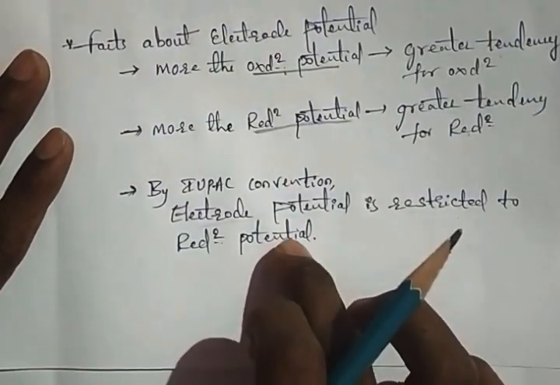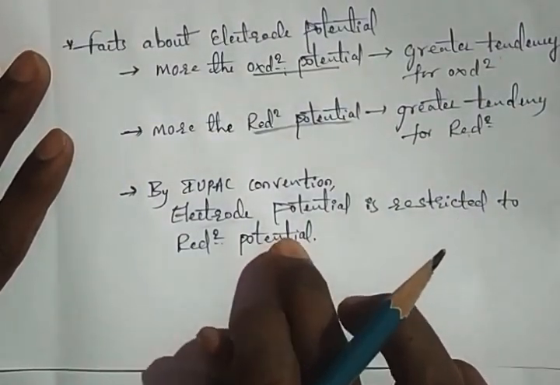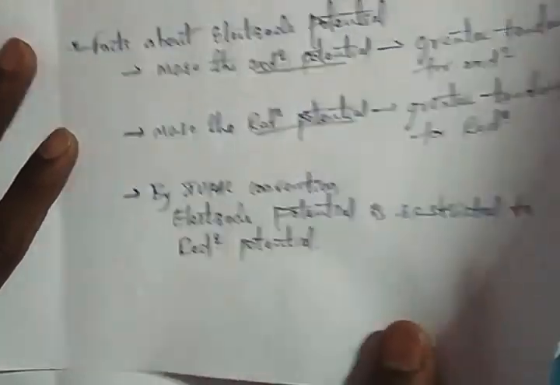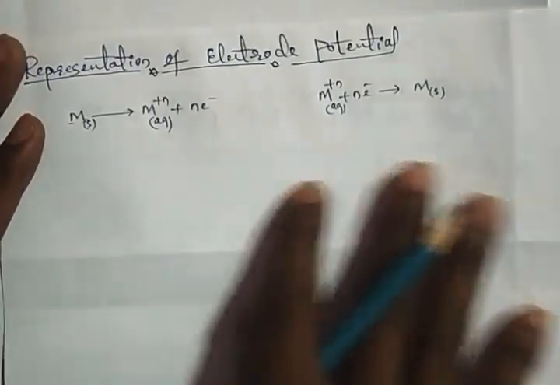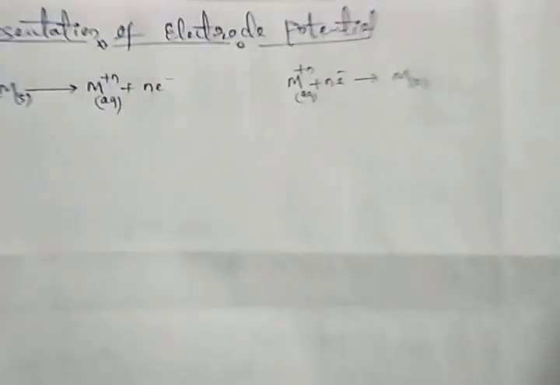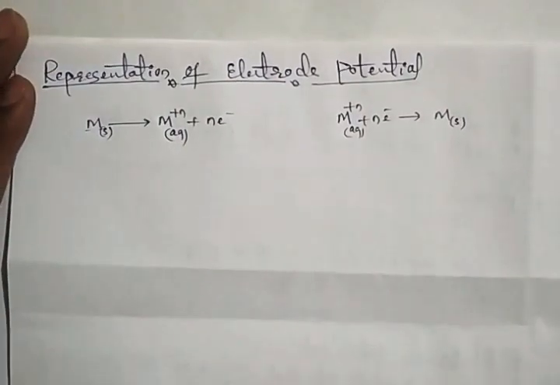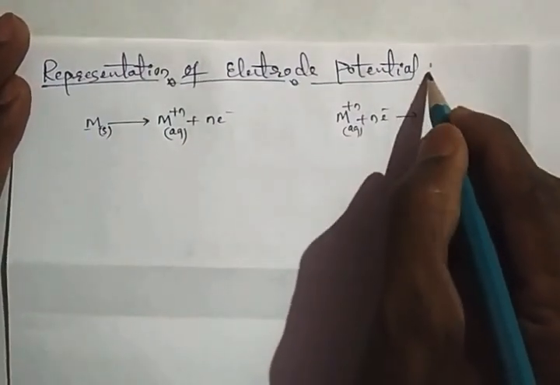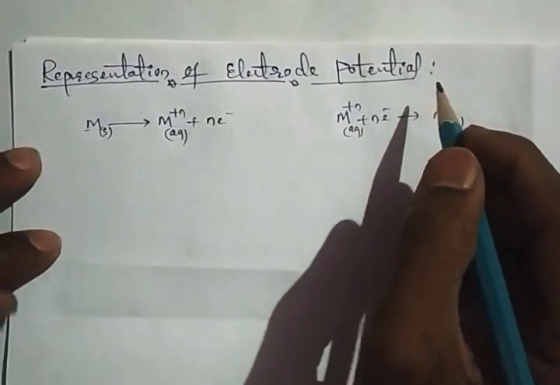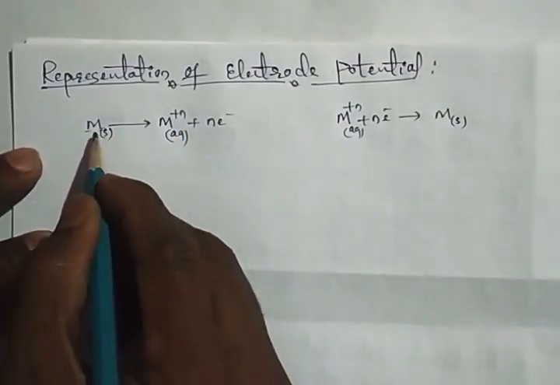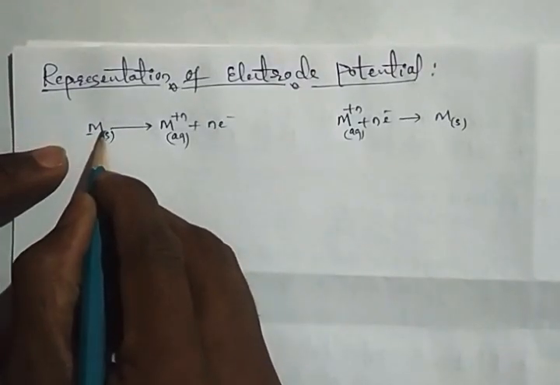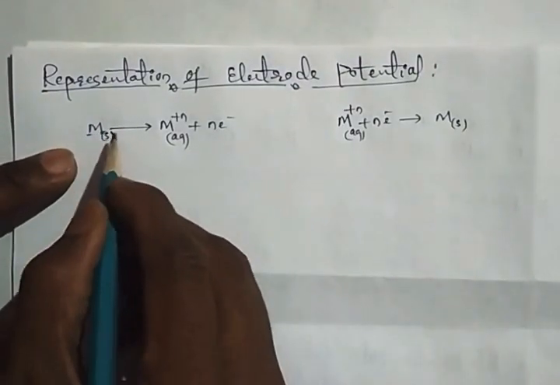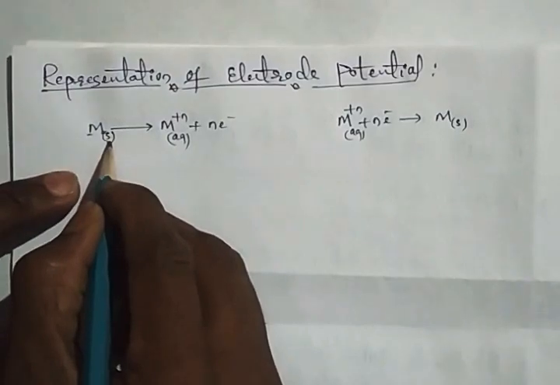I will explain by taking some examples on this. So, how to represent an electrode potential? Let's have a look. Suppose a metal M; you can choose any metal M, that is an electrode present in the solid state.